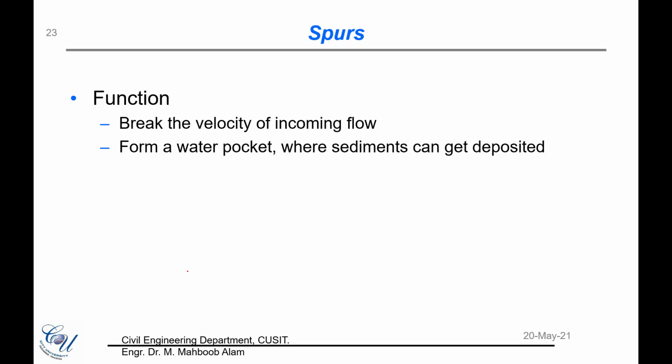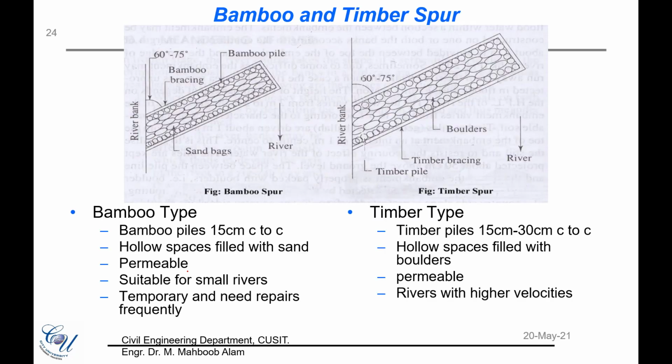So the water that is then getting out of these pockets is mostly silt free. Although it is not a silt excluder or a silt ejector in itself, it also helps us in reducing silt from the river water.